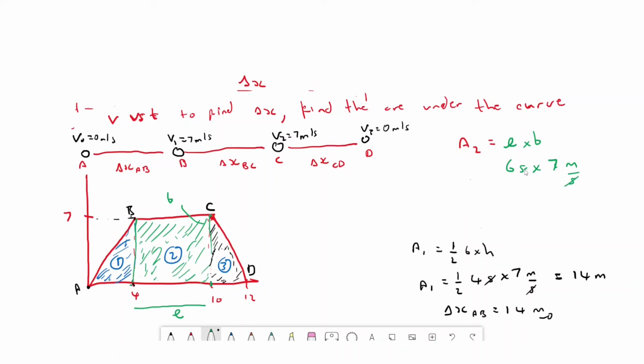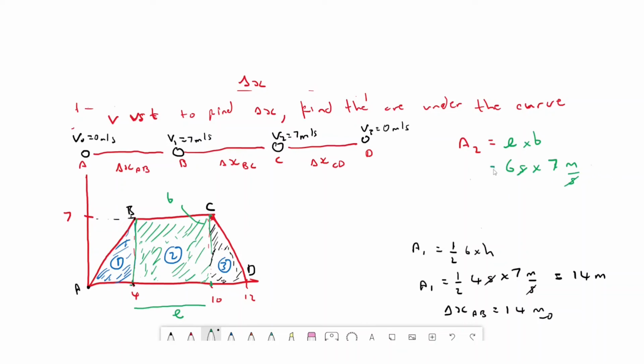You can see also here the meters are cancelling. So you have 6 times 7, which is like 42.